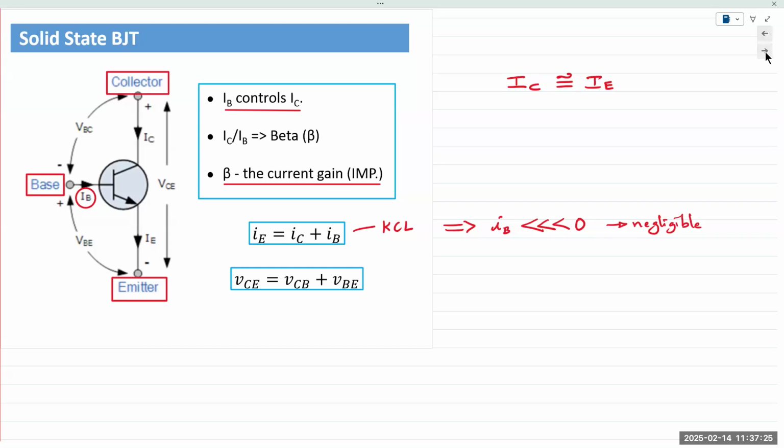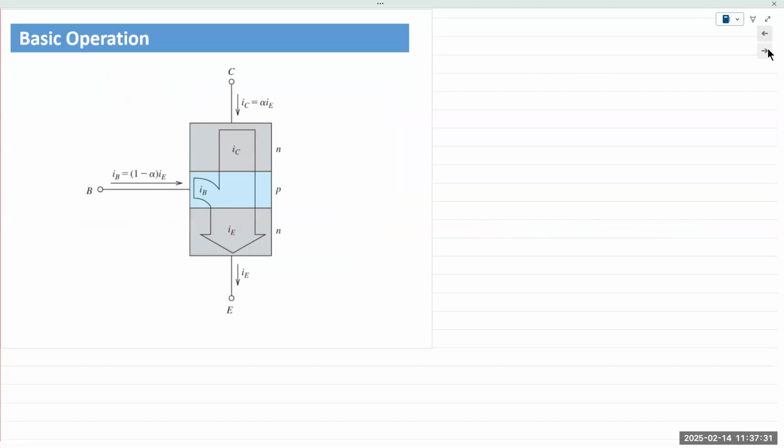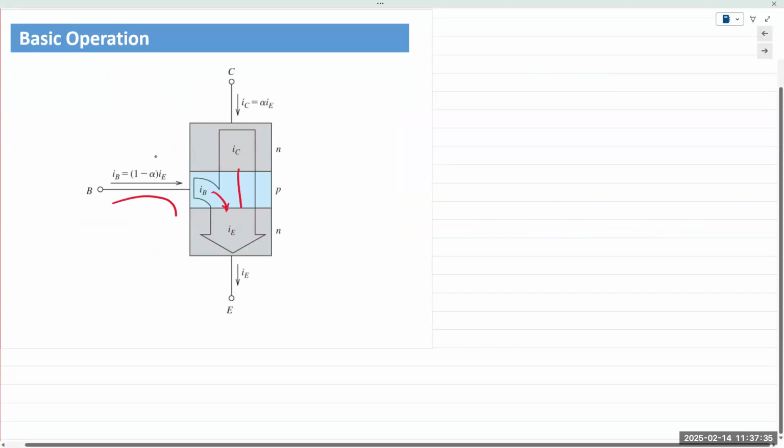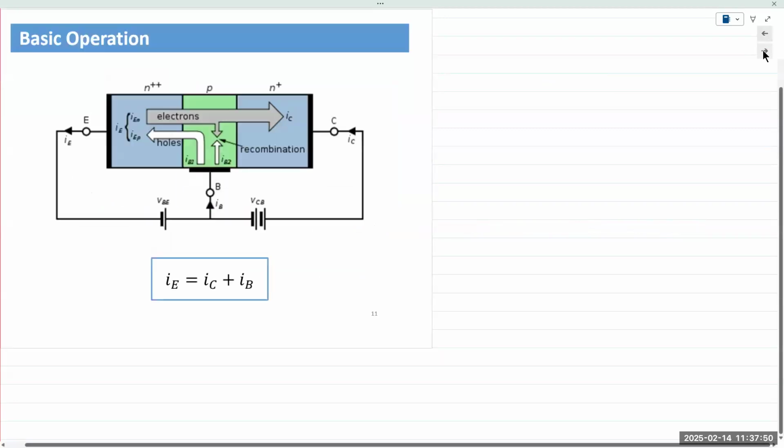Okay. It's simply an illustration of what occurs when you have IB and IC coming in. But let's look at the device physics operation. We'll look at these equations in just a couple of slides. Okay. So, all right.